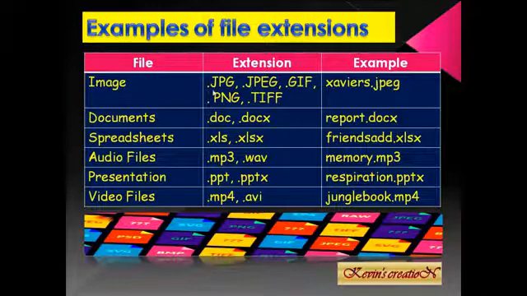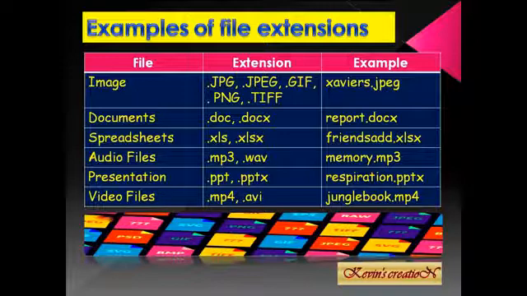You must be knowing JPG or JPEG or GIF which you receive in your mobiles, PNG or TIFF. So all these are different types of file extensions for image files. Any photograph, any picture is saved with these extensions, okay. And for example we can see it is jvs.jpeg.